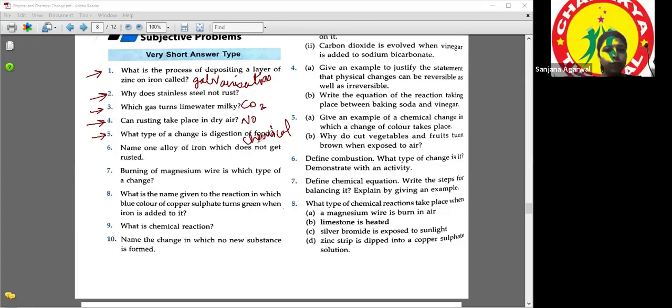Name one alloy of iron which does not get rusted. Chromium is an alloy of iron. Stainless steel means the major component is iron, and with it we add some other metals in minor quantities. The major quantity is iron only. That's what the question is asking us. So stainless steel.